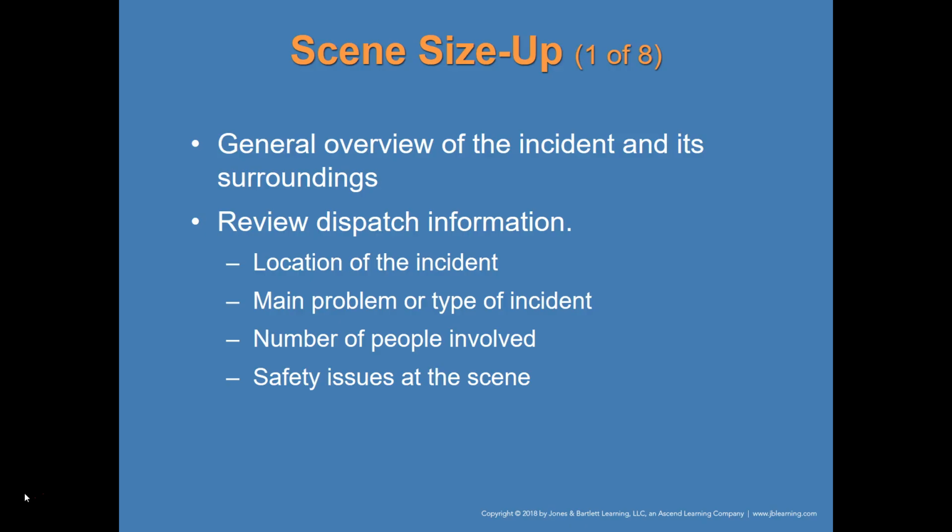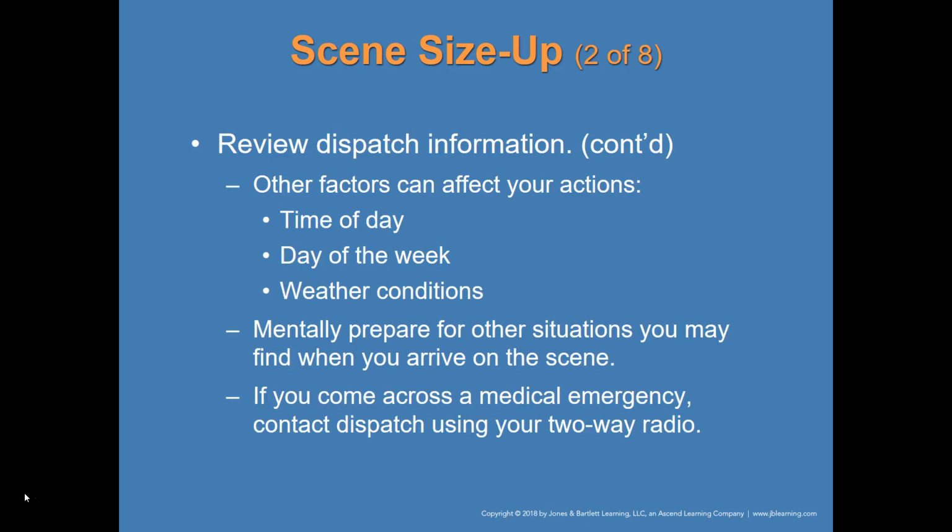You got people that have adrenaline pumping. They're trying to phone in and tell dispatch all this information where they might not actually have the most accurate information. So once again, we want to keep reviewing dispatch information, and we need to think about some of the other factors that are going on.